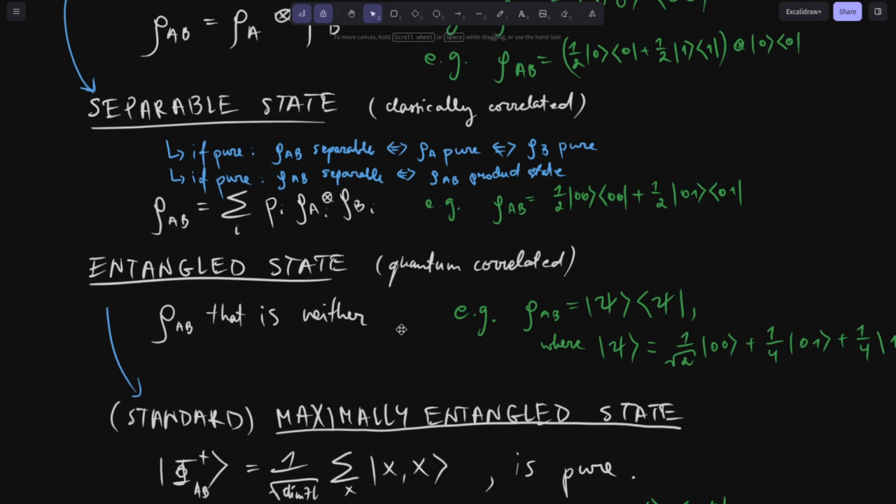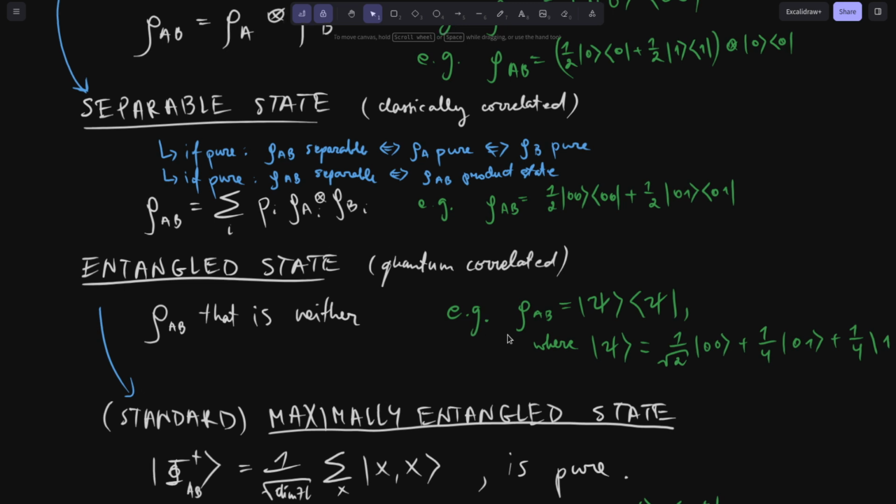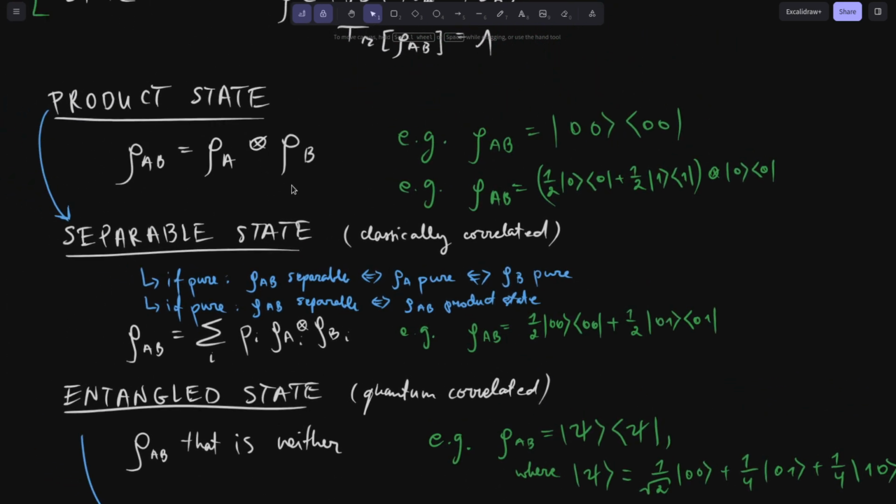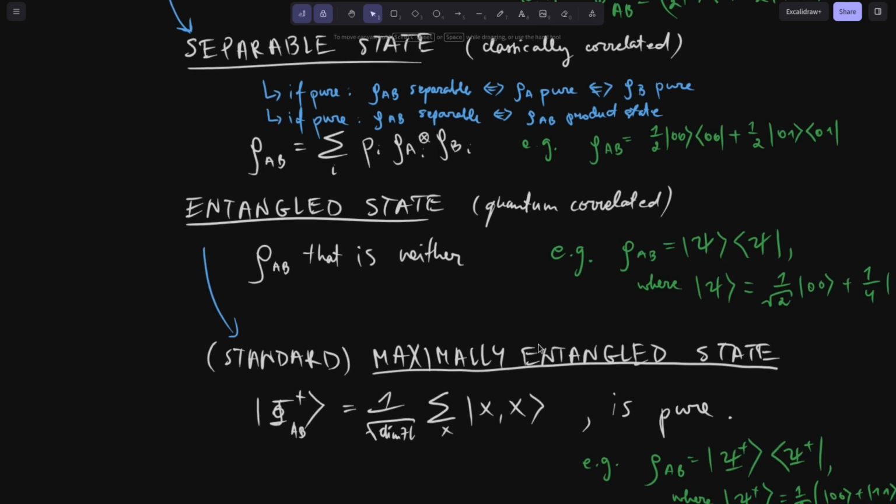And we also have entangled state, that is quantum correlated state. So by definition, it's just neither of them, not separable. In simple terms, not separable. That means that we cannot write it as a tensor product of our two states, nor linear combination of tensor products, convex combination.